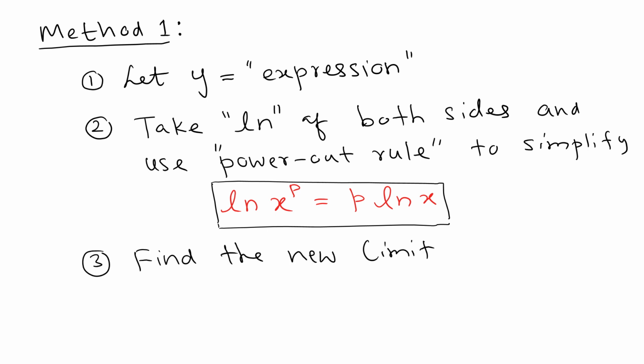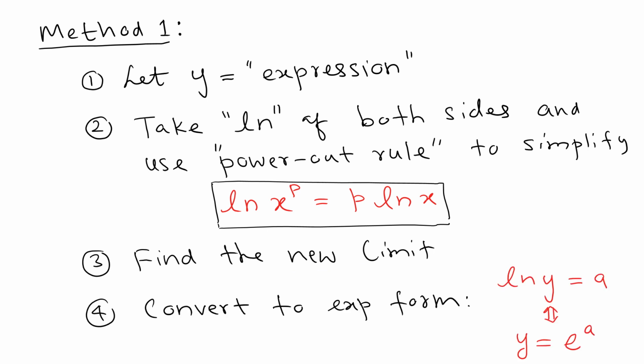Then we find the new limit. It's still the same limit, where x goes to whatever, 0, 0 plus, infinity, we keep the same thing. You will get a number here, and then you can convert that from the log form to the exponential form.